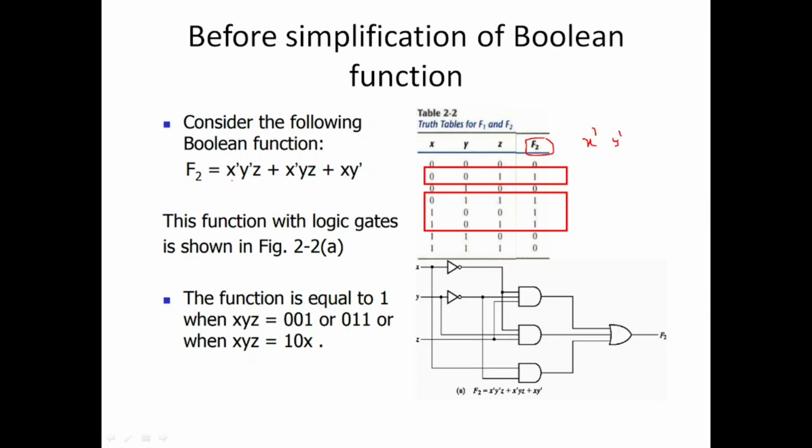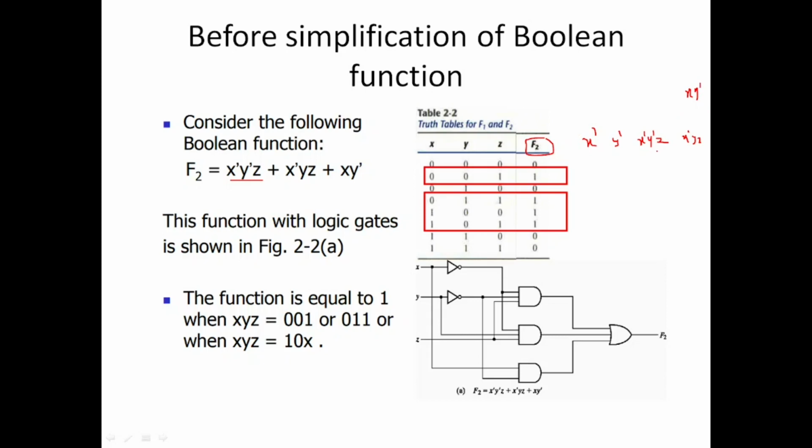After that, for this term we perform the AND operation with respect to x dash y dash z. Then for the next term, x dash y z, and the last term is x y dash.